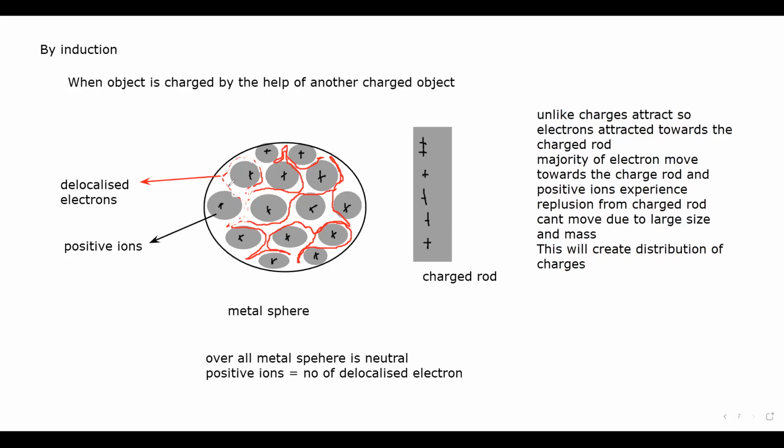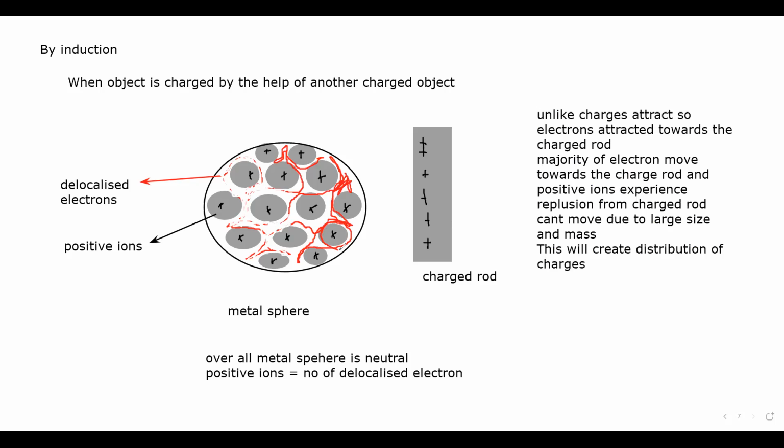As these electrons move towards one side, the majority of the electrons shifted towards the right hand side in this example. So as the majority of the electrons shifted towards the right hand side, it creates a distribution of the charge.